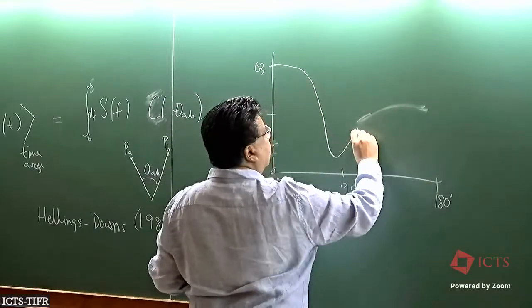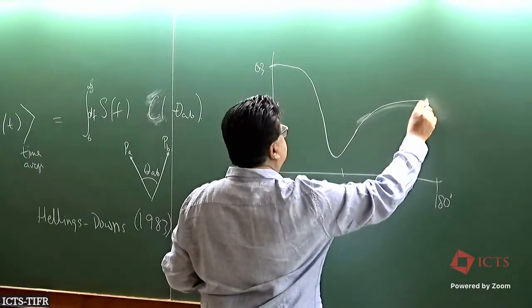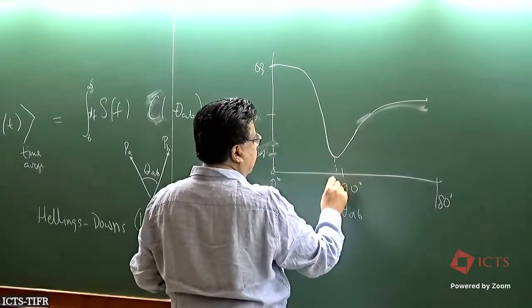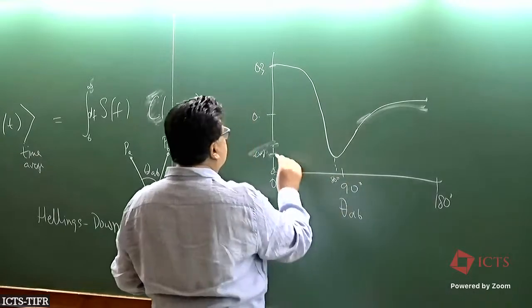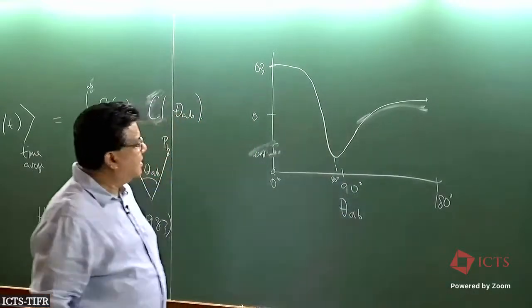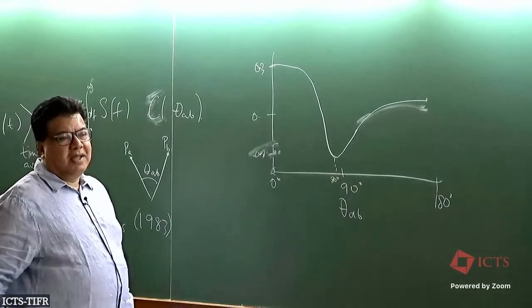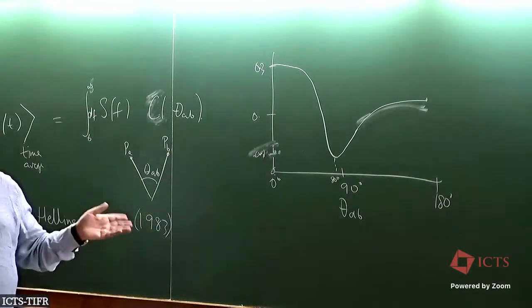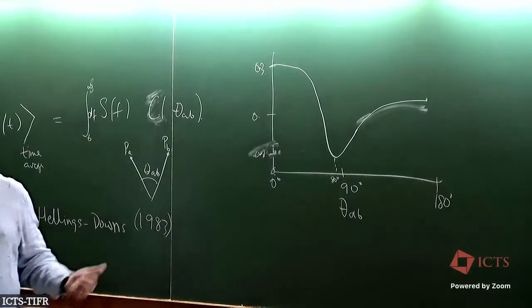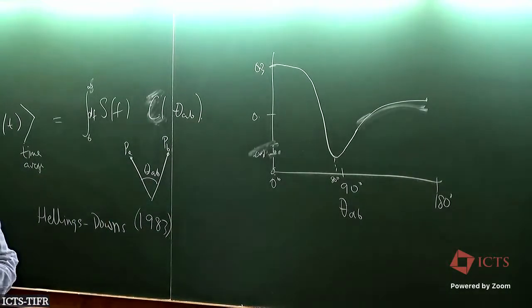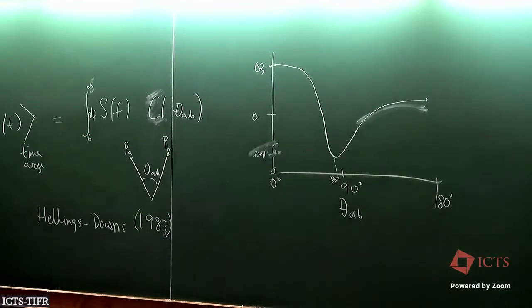The dip is near 90, something like 80 degrees. I'll derive the shape of this curve: if you have stochastic gravitational waves passing randomly in all directions with different frequencies, why you should see a shape like this.